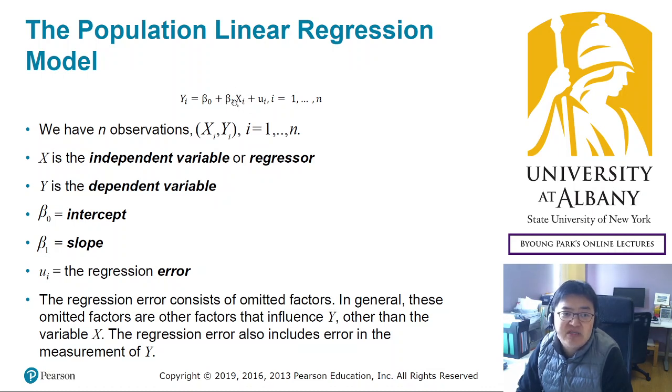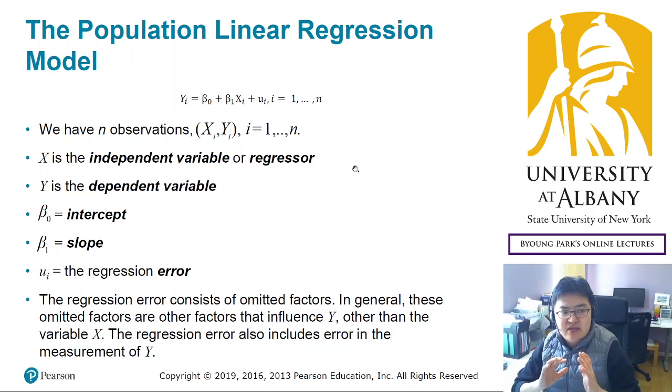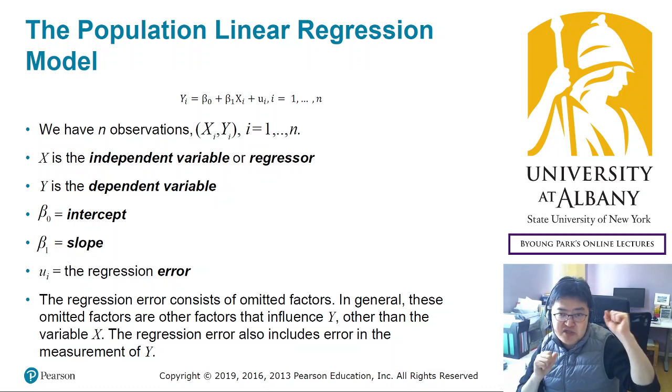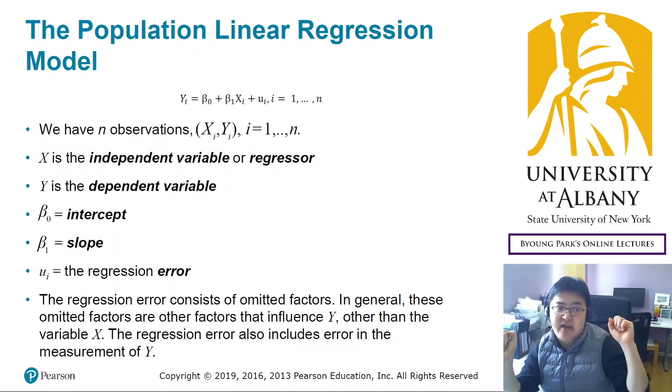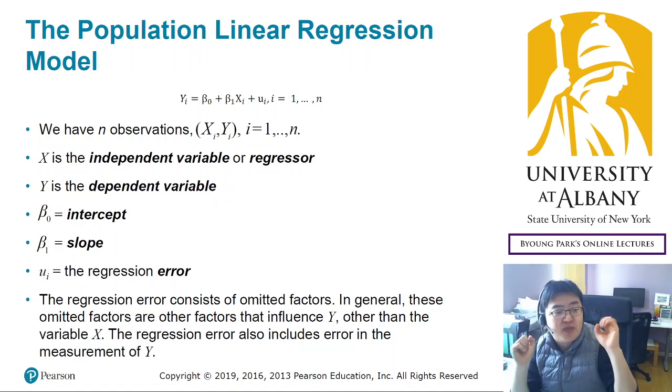In other words, the student-teacher ratio can explain the change in test scores, right? So in that sense, x, the student-teacher ratio, affects y. So the causal relationship goes this direction, cause and effect, right?